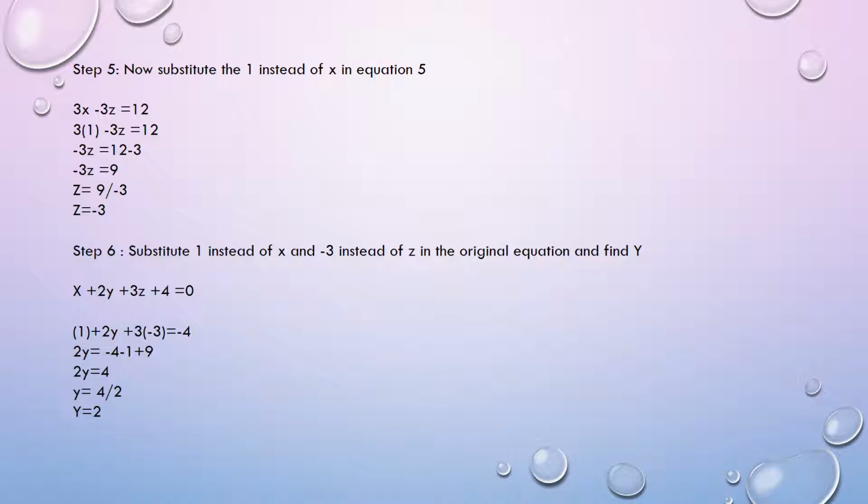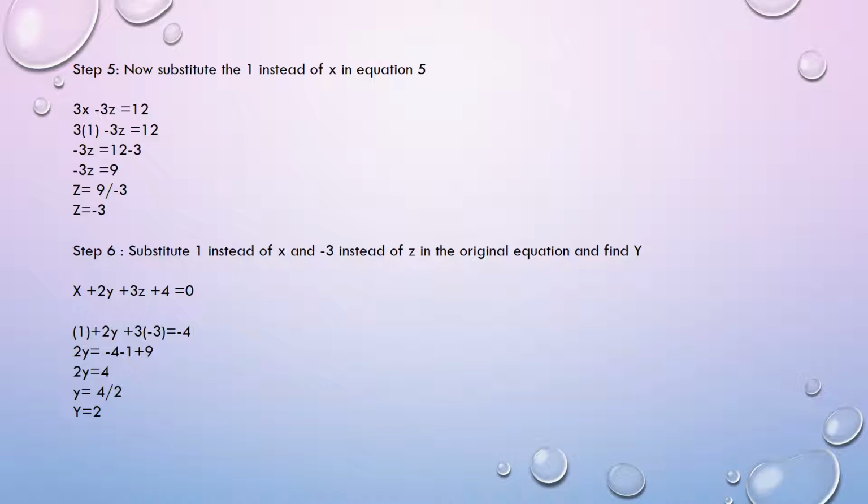The final step is finding y, and it's very simple because we substitute 1 for x and minus 3 for z in the original equation to find y. So it will be 1 plus 2y plus 3 multiplied by negative 3 equals negative 4. So 2y equals minus 4 minus 1 plus 9.